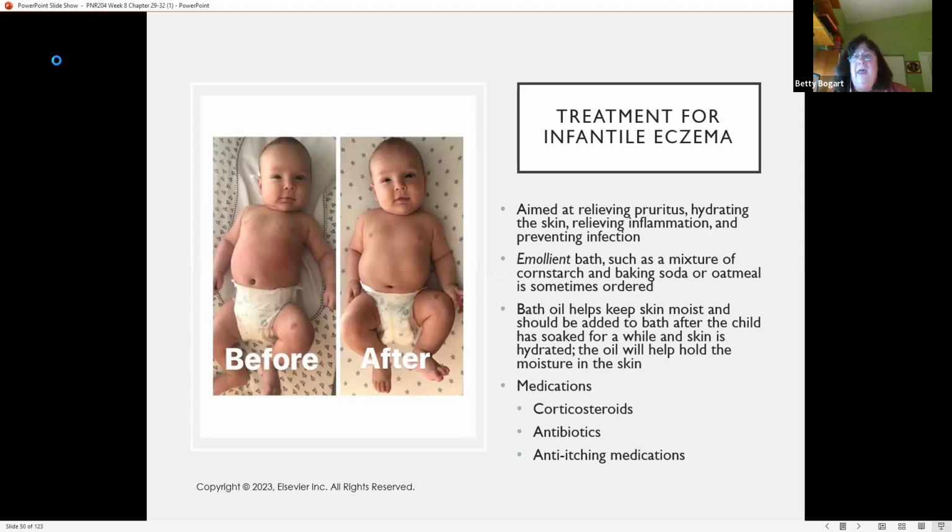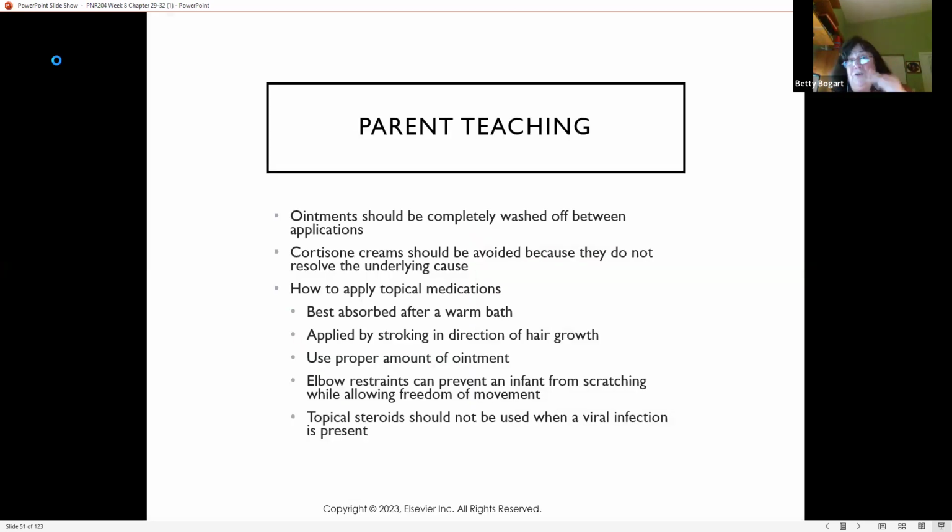We don't like to just give corticosteroids for decreasing inflammation, but when it's bad and it's really itchy, that's when we'll use those corticosteroids. If it's open and oozy, they will be giving antibiotics and some anti-itch medication. And again, keep those nails short, right? Ointments need to be cleaned off in between each application.